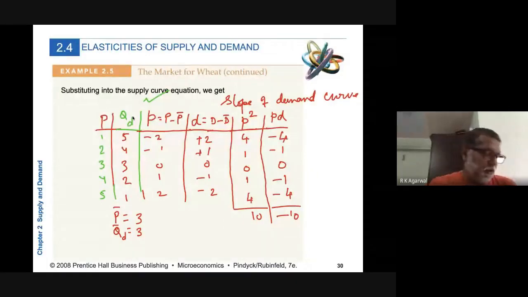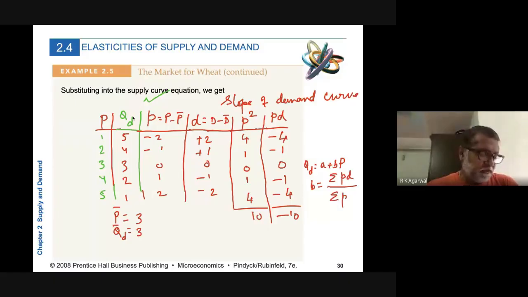Right? So the slope is, this is how we write. Quantity demanded is equal to A plus B P. And B is the slope. And B is equal to summation of small p into small d divided by summation of small p square.